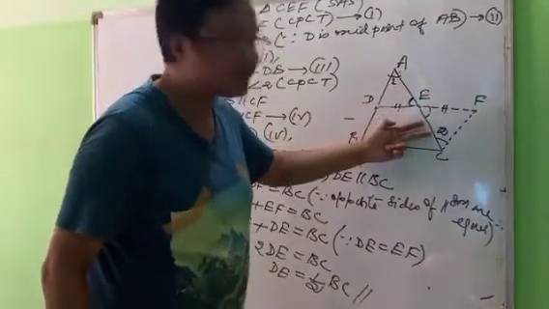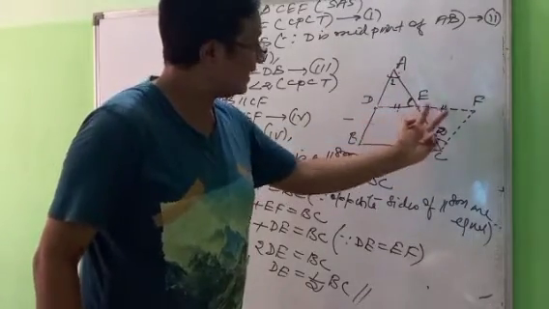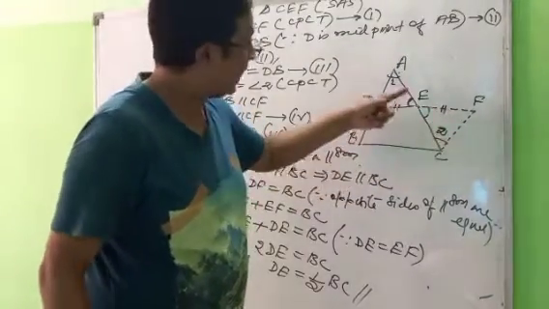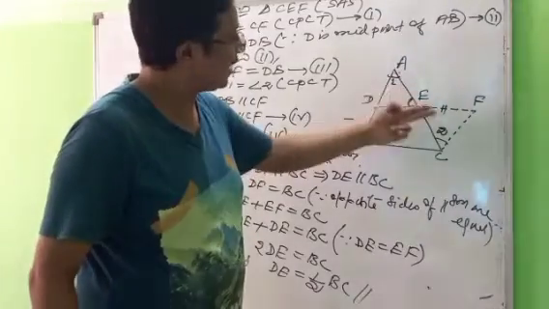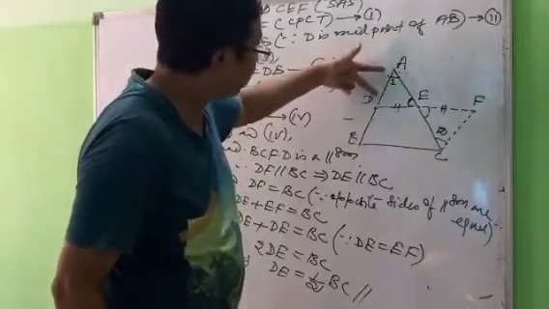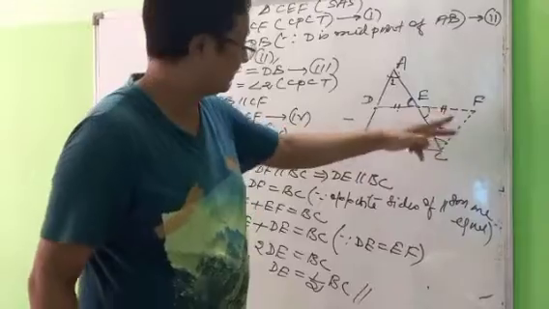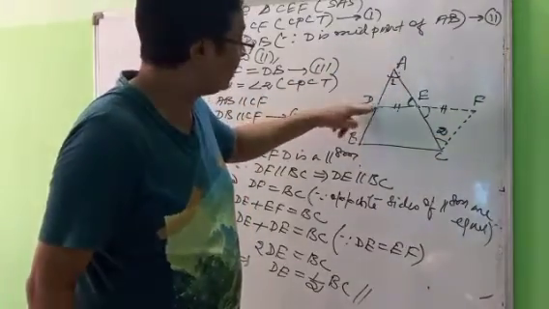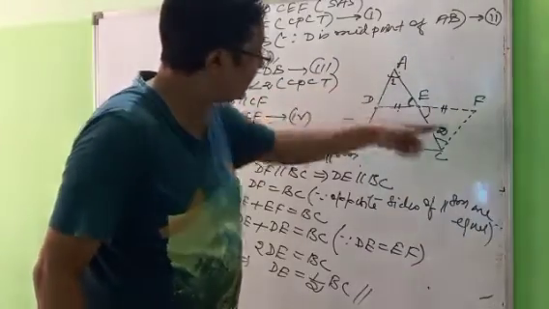AE equals CE, E is the midpoint of AC; DE equals EF, through construction; and these two angles are equal, vertically opposite angles. So these two triangles are congruent by SAS. That is why AD equals CF by CPC. But AD equals DB, because D is the midpoint of AB. Then you got DB equals CF.